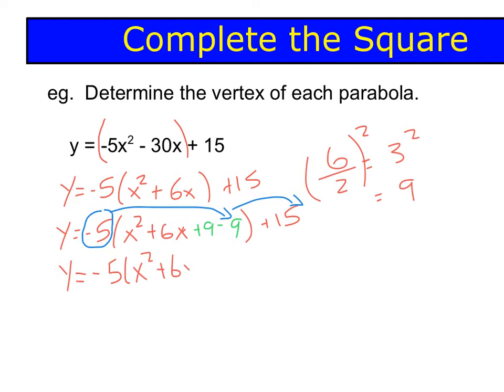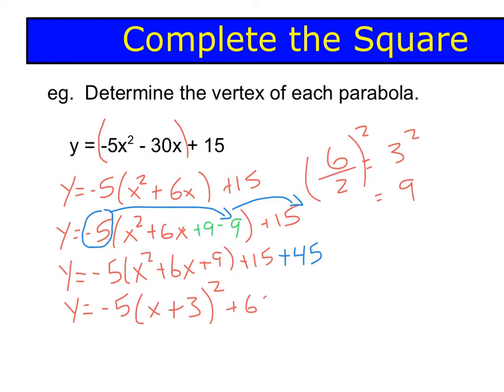So negative 9 times negative 5 is going to be plus 45. And then factor your trinomial. X plus 3 squared plus 60. Vertex, negative 3, 60.